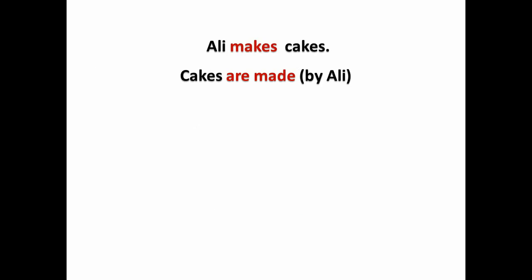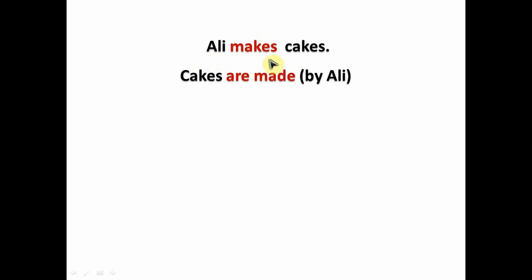Firstly, let's have a look at these two examples. Ali makes cakes. Cakes are made by Ali. Let's firstly have a look at the first example. Ali here, excellent, is the subject of the sentence.